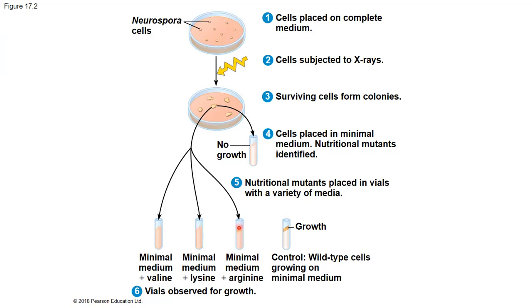This particular result indicates that the cells in this colony are unable to synthesize arginine. That's why they can only grow in the presence of arginine. So these are arginine deficient mutant Neurospora cells.